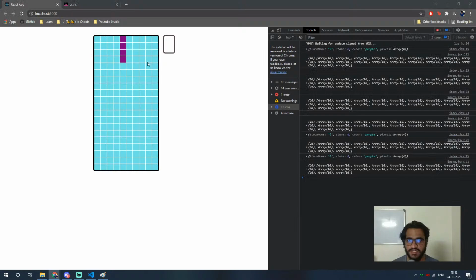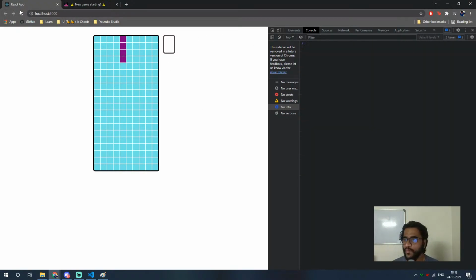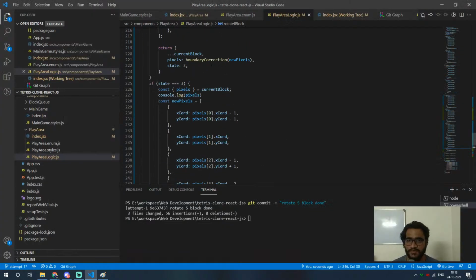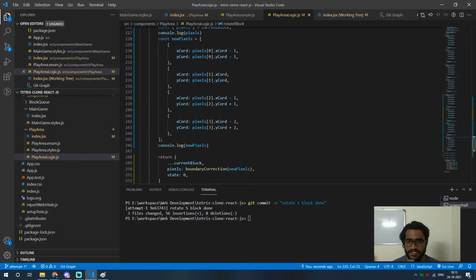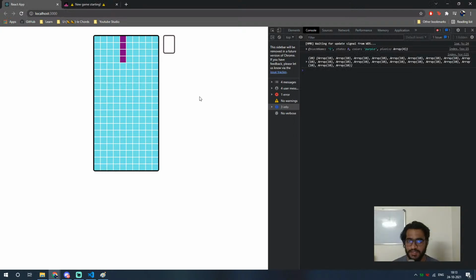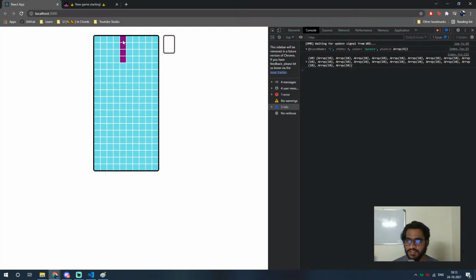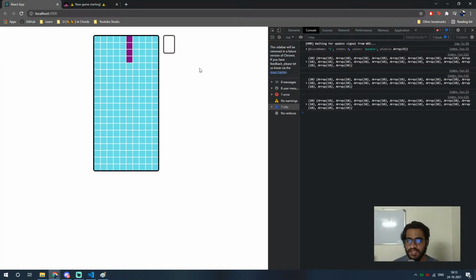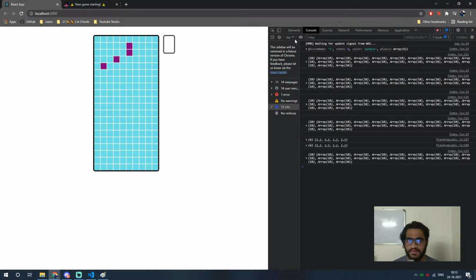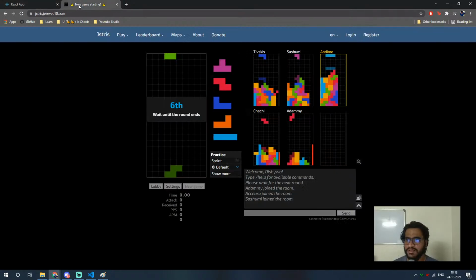So let's just check what's happening. From state 3 to state 0 again, right now something is breaking, and that's why I have placed these console logs to check what's happening.